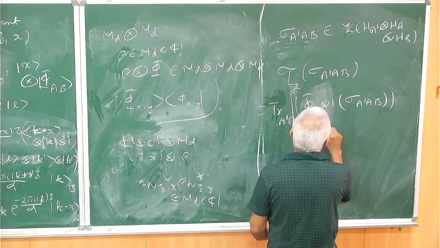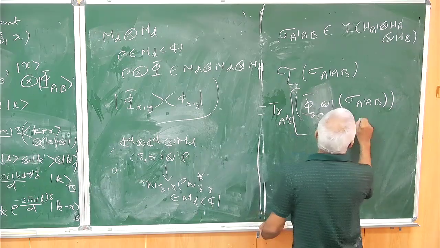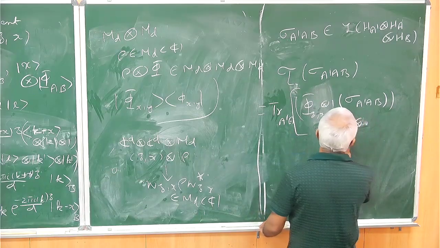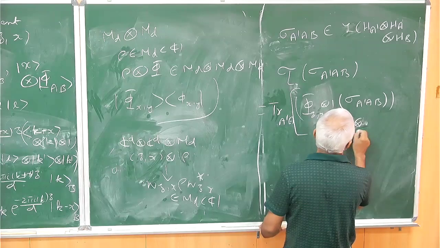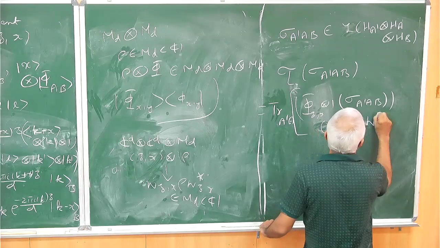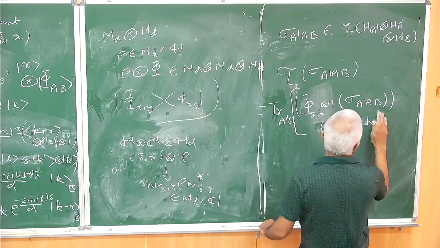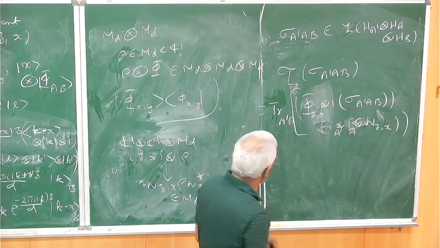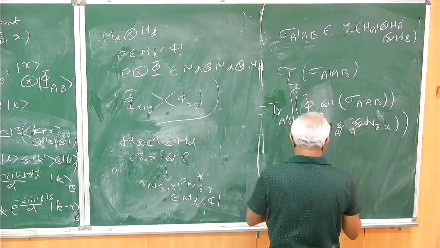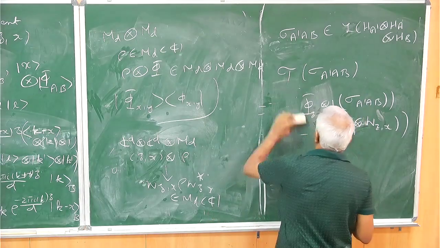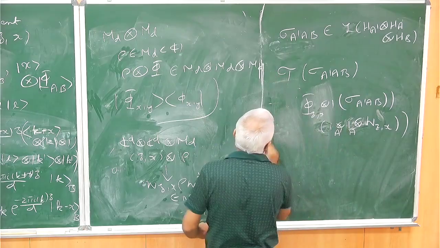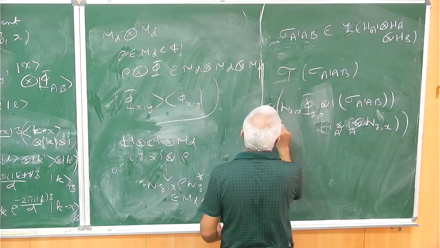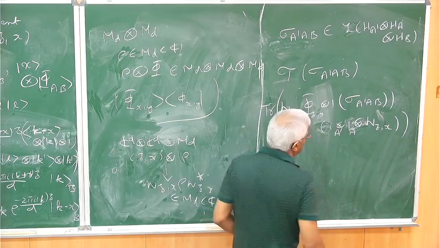Then you are going to apply 1 tensor W tensor 1. This is in A, this is in A prime, this is in A, and here is ZX. You are going to apply the other side also. This is the partial trace with respect to A prime.